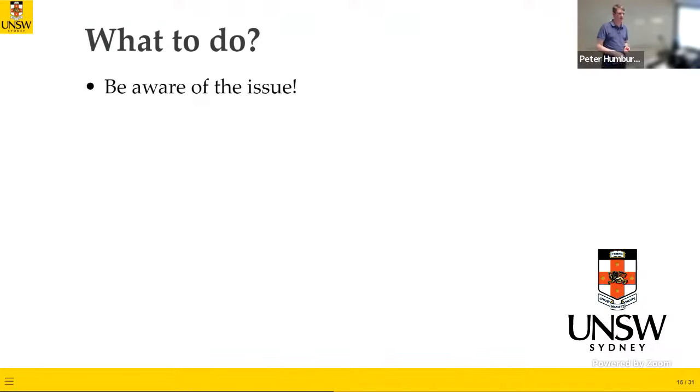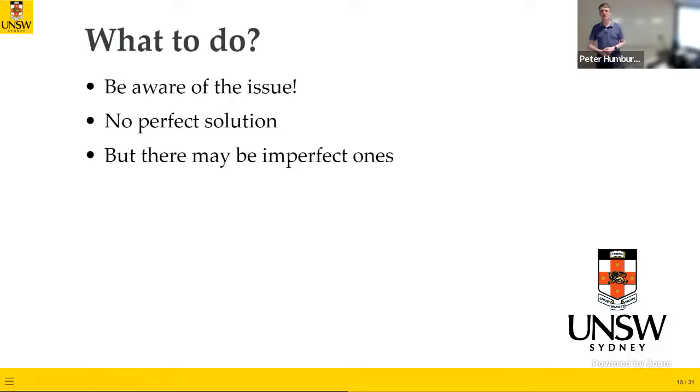And then knowing it's there, well, that's all well and good, but you still have to do something about it, right? You're not just going to abandon your project there because there was multicollinearity. You want some solution. And the bad news is that there isn't really a perfect solution. The good news is that maybe sometimes you can do something that's not too bad.